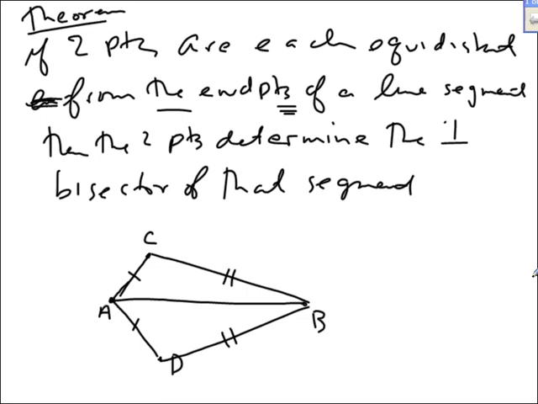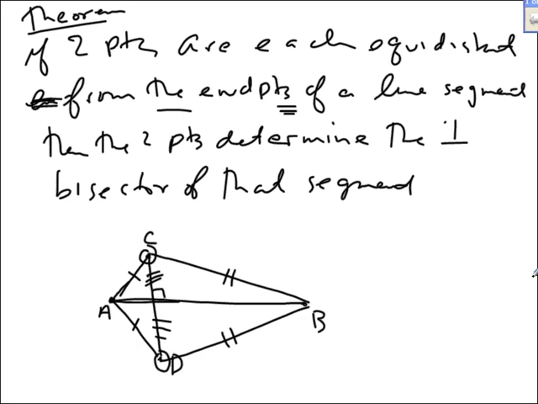Now my graph is off a little bit, but when you connect this, what it's saying is it meets at a right angle, and those two sides are the same length.